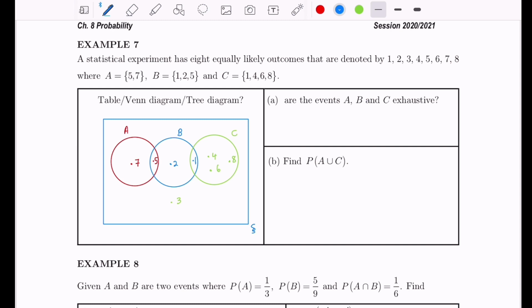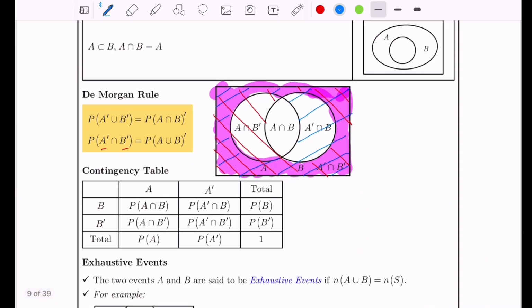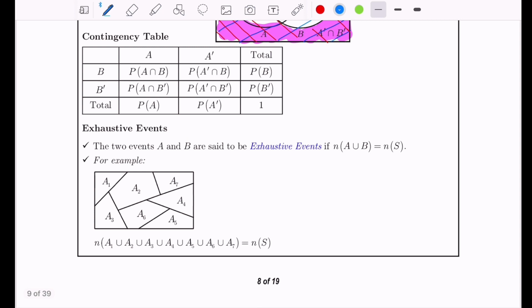Okay, so are the events A, B, and C exhaustive? What are exhaustive events? If we look at the previous note, events are said to be exhaustive if the number of all the events together is equal to the number in the sample space.